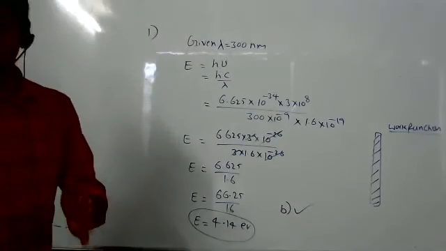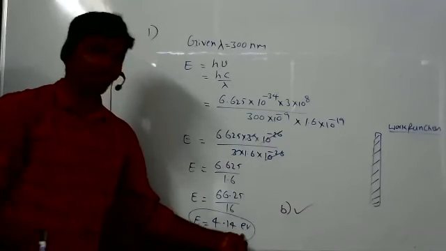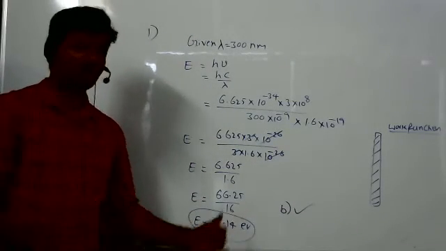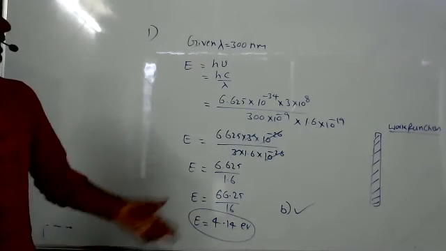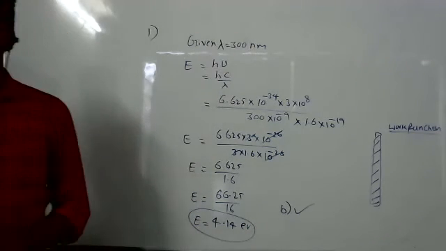See, the metals having below 4.14 electron volt are the only ones showing the photoelectric effect for this wavelength of light.